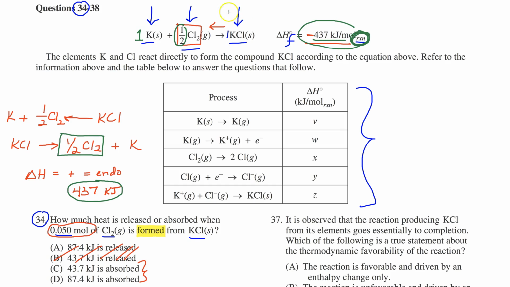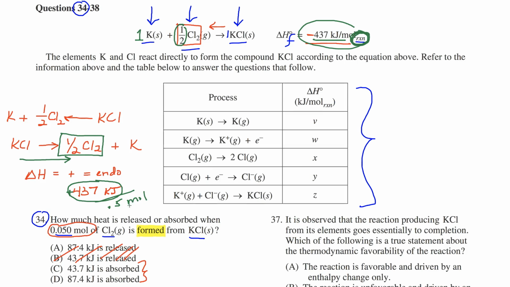Notice the arrows I wrote above here. That means this amount of energy is released when we use up half a mole of chlorine, and it's also the positive value of energy as we produce half a mole of chlorine. So this is the energy per really 0.5 mole of chlorine.